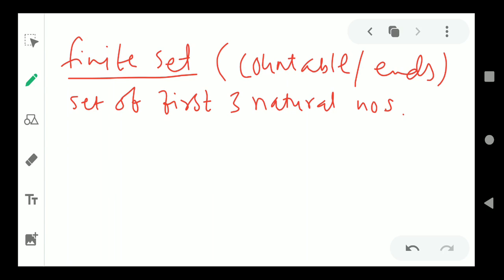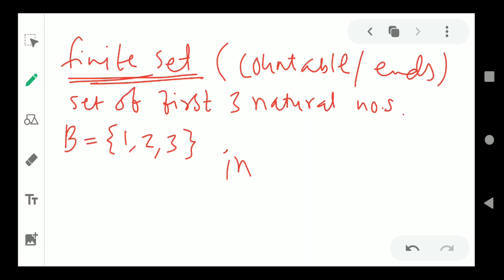Suppose its name is B, capital B, and the first 3 natural numbers are 1, 2, 3. Here we can see our list is ended, so it is called finite set. If the list doesn't end, it is called infinite set.